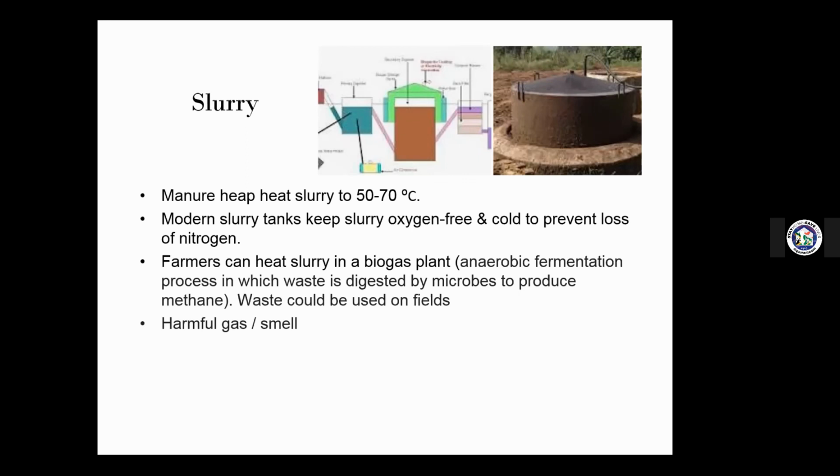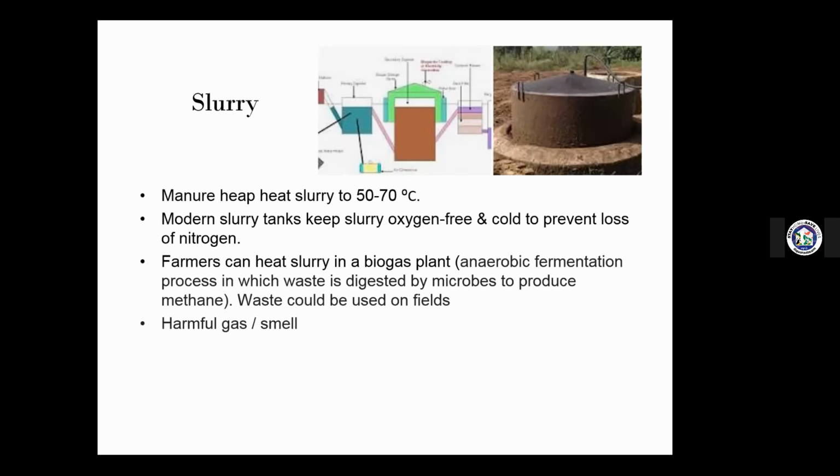So the other aspect will be looking at slurry and seeing how we can utilize it and actually make it so that not so many of these bugs can survive, and that we can use it effectively on the pastures.